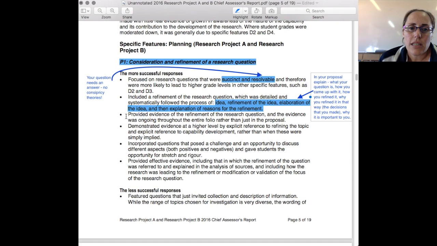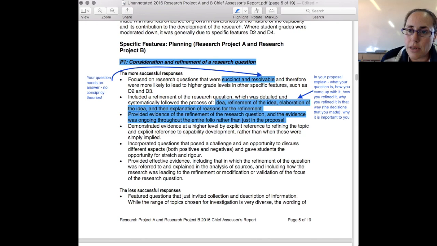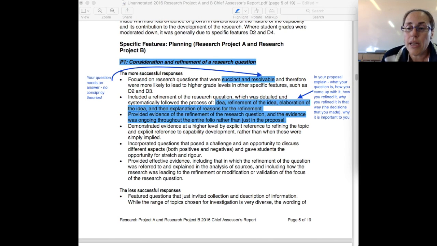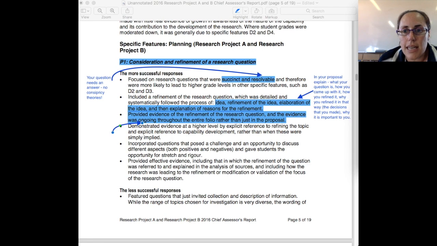The third thing that you need to talk about is that you can always show your change of question or refinement of question throughout the research project folio. So what you should do is write in something like a journal, or if you go back, annotate your proposal. Don't change your proposal, always go back and annotate it. So once it's done, it is done. If you change a question, go back and say what you've changed it to and why you've changed it.